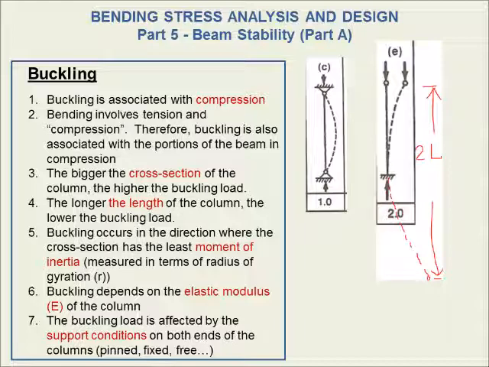In this support condition, it's fixed at the bottom and it's free at the top. And again, the shape of the bending is different. Therefore, the stiffness is different. And in the way in which we express this, we would say that its effective length is different.